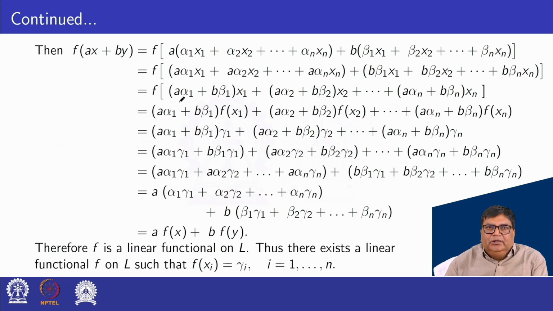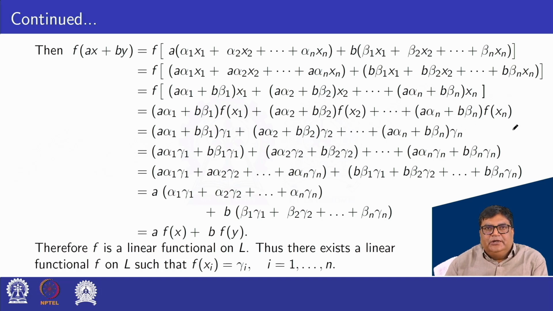So this expression can be written as (a alpha 1 plus b beta 1) f of x1, (a alpha 2 plus b beta 2) f of x2, plus and so on, (a alpha n plus b beta n) f of xn. Now f of xi is equal to gamma i, that is, f of x1 is equal to gamma 1, f of x2 is equal to gamma 2, and f of xn is equal to gamma n.